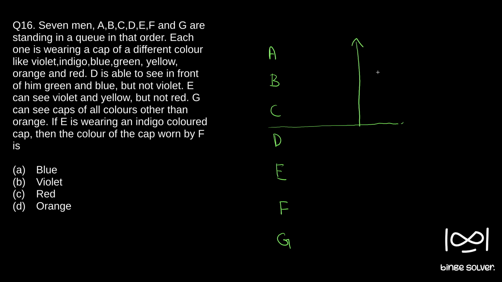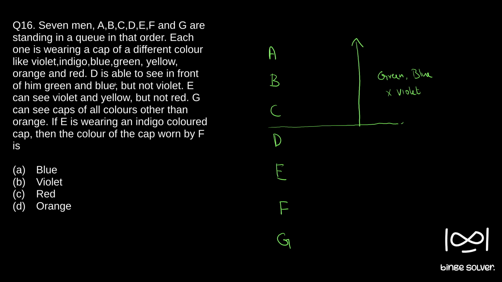How to process this information? This means either A, B, C will have green and blue caps, and since D cannot see a violet cap, either D or E, F or G will have the violet cap. D cannot see his own cap color or the cap colors of persons standing behind him.